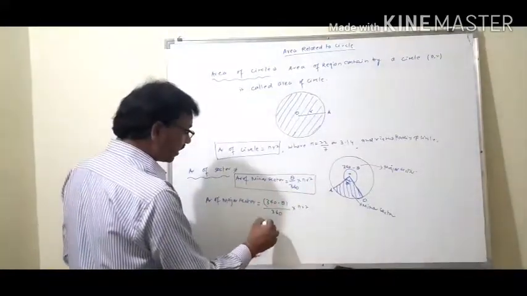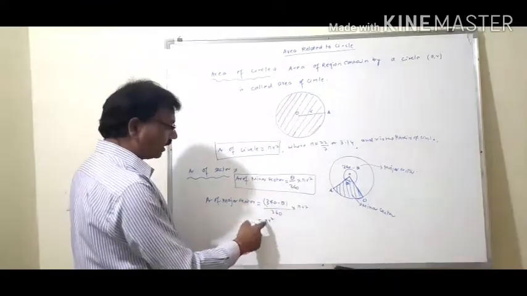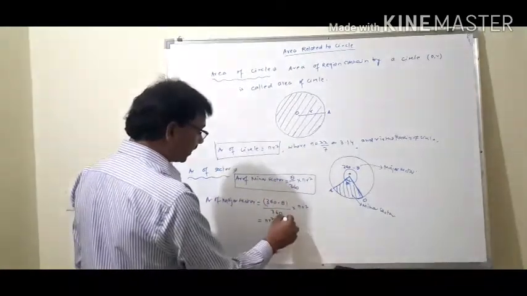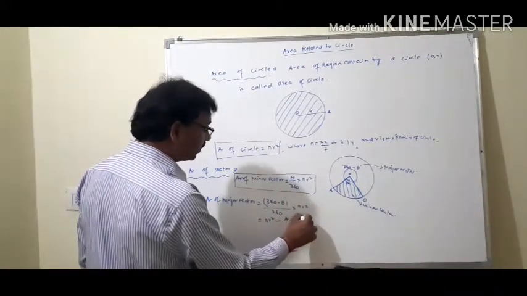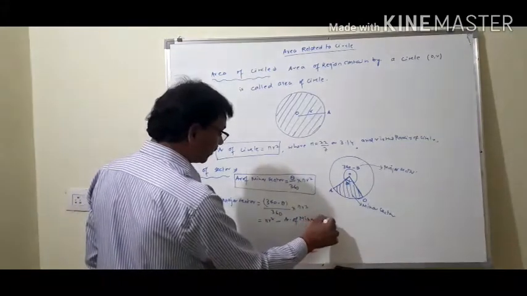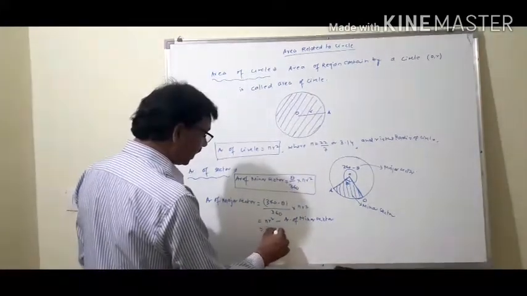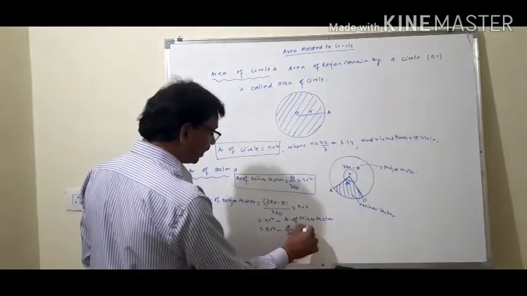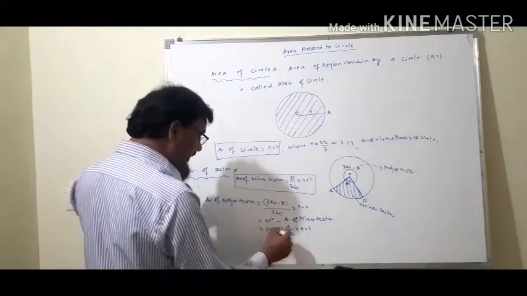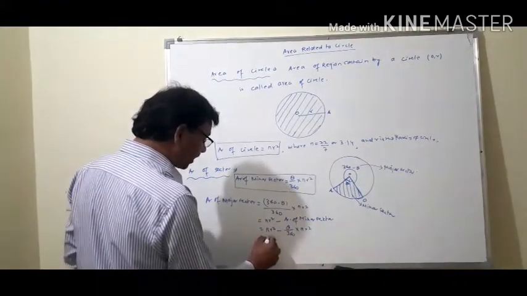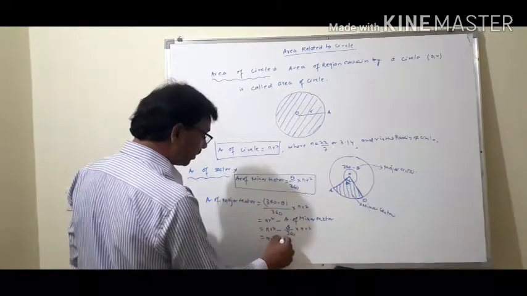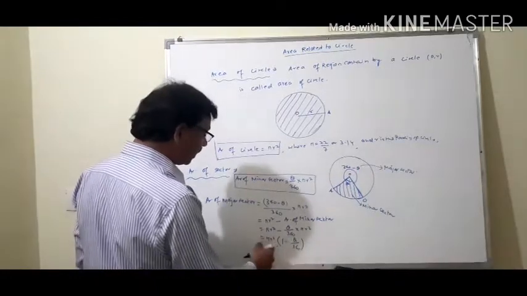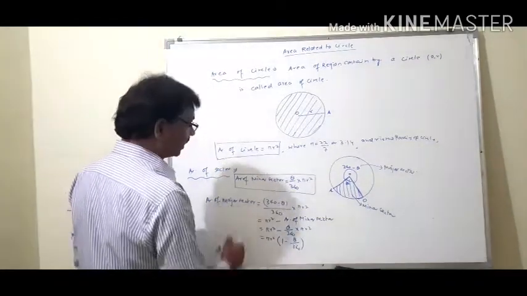So this will be pi r square, the area of the circle, minus the area of the minor sector. This will be equal to pi r square minus theta upon 360 into pi r square. Taking pi r square as common, this will be 1 minus theta upon 360. This is the area of the major sector.